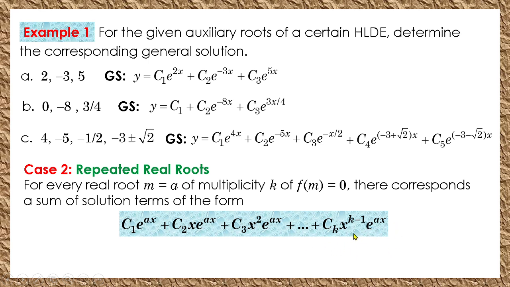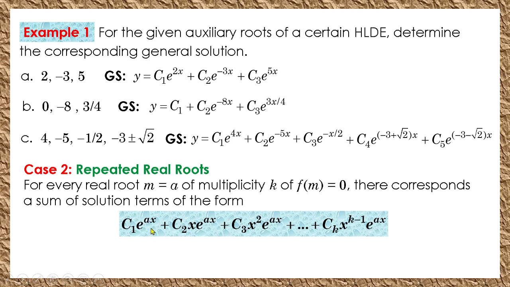So when are you going to stop? Once you reach the number of times it is repeated. And as you notice, the power of x is increasing. For the first term, x has an exponent 0 until you get an exponent that is k minus 1 for the x.